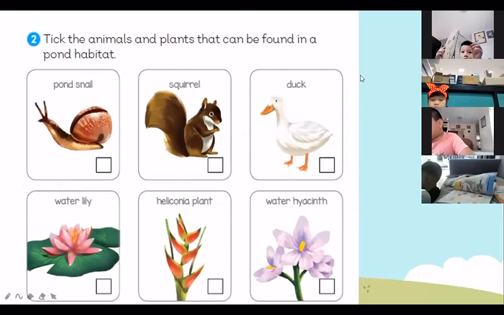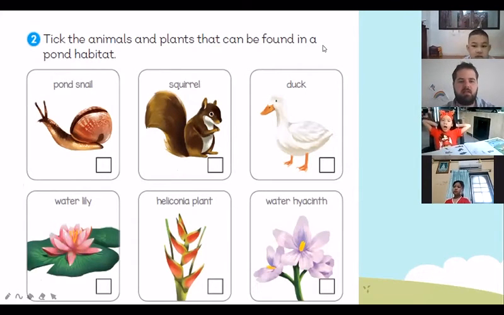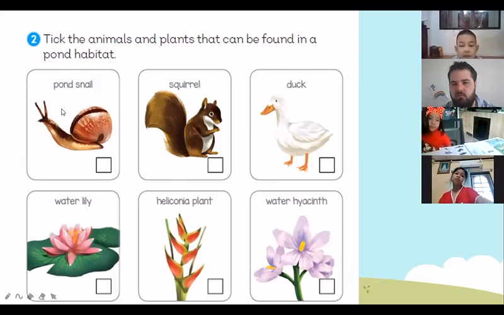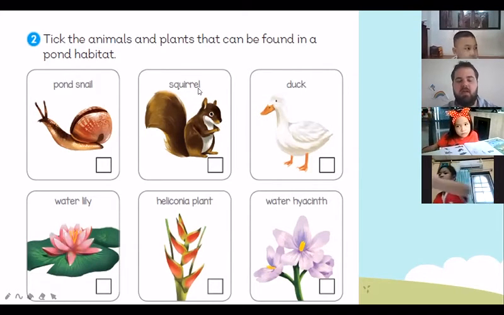So first, I want us to go over our animals and plants. First we have our pond snail. Where does our pond snail live? Lives in the pond. Next we have our squirrel.